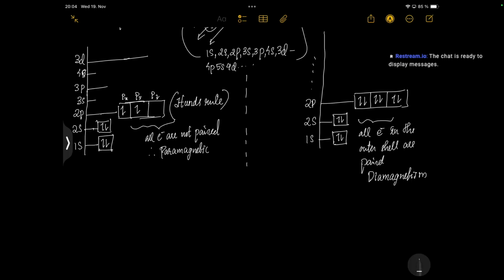Now diamagnetism is when we introduce an external magnetic field, the electrons induce themselves in a way that they try to repel, but it's a really subtle effect that we normally wouldn't notice.